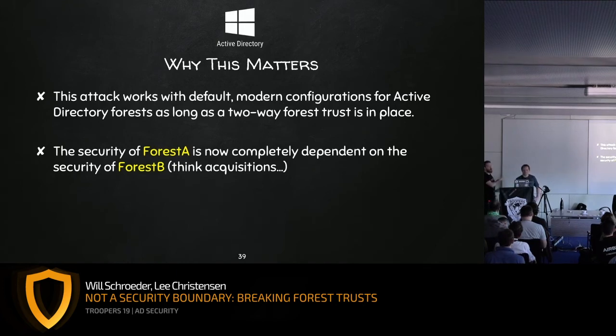So they acquire some other company that may have already been owned, and they think, okay, we're totally safe because we have this forest-to-forest boundary. But the compromise of the newly acquired company can be used to completely compromise the acquiring company. So again, the security of each forest is completely dependent on the other, which is scary.